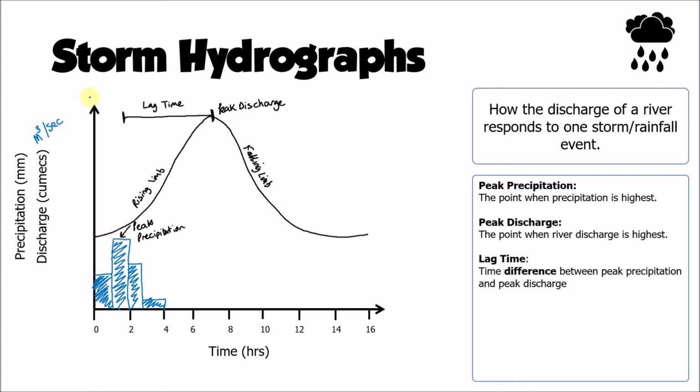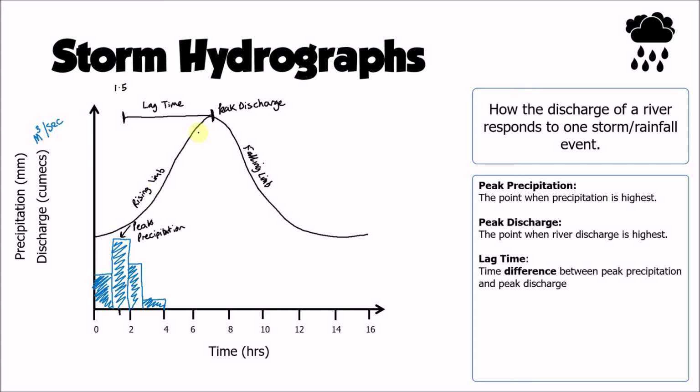In this instance, if we were to try and calculate what that lag time was, let's say for argument's sake, that peak precipitation has occurred about 1.5 hours after the start of the rainstorm.